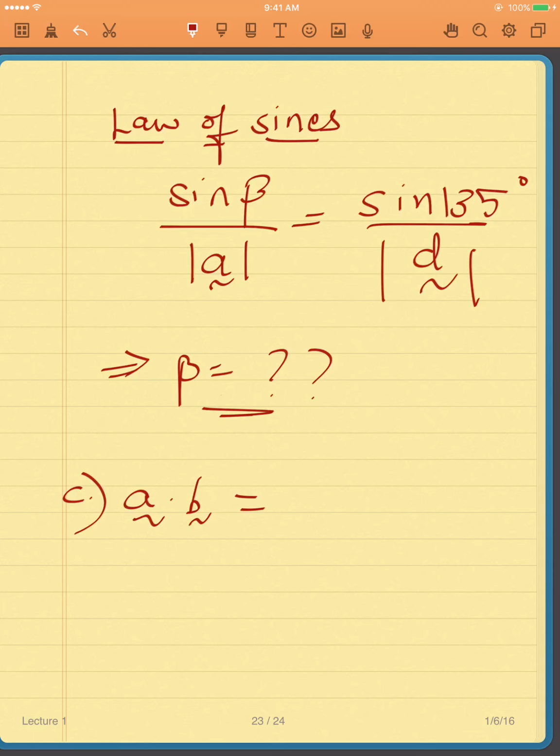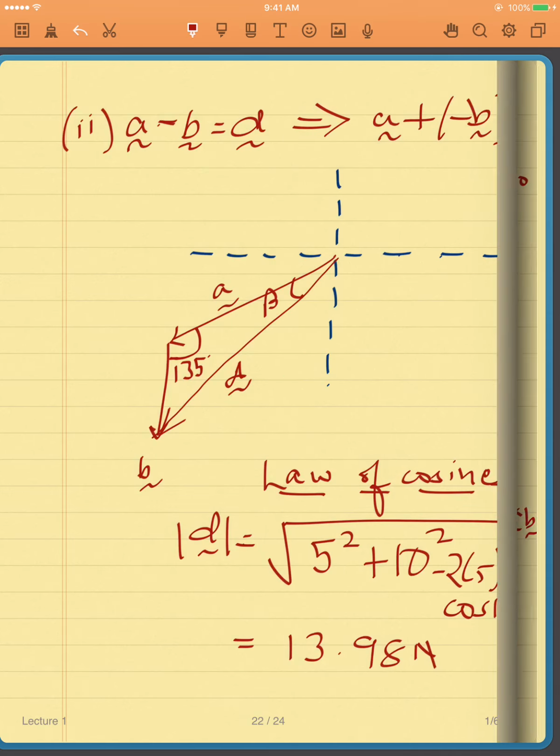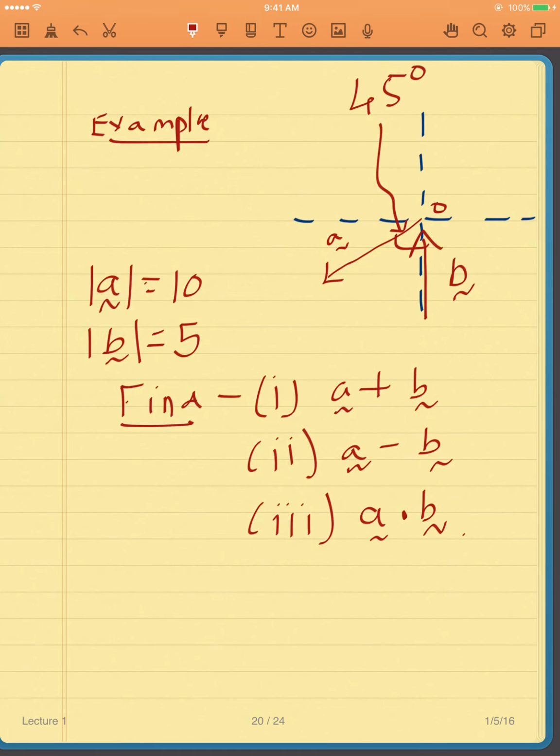And then finally, we have to find what A dot B is. A dot B is basically the magnitude of A times the magnitude of B times cosine of the angle between A and B, right? And we know that the angle between A and B, when we look at the first figure, is you place them tail to tail and you look for the smaller of the two angles, right?